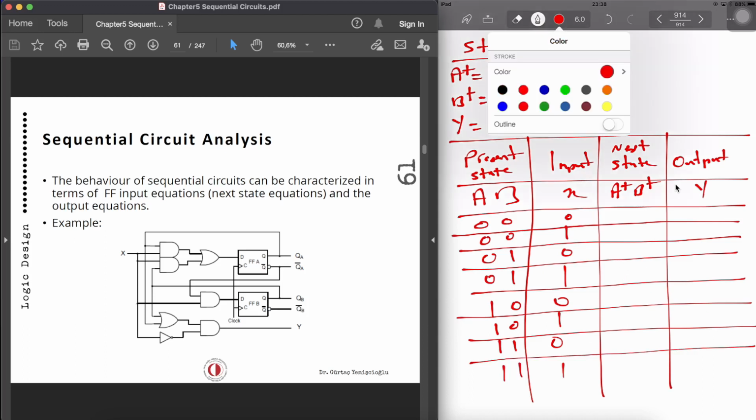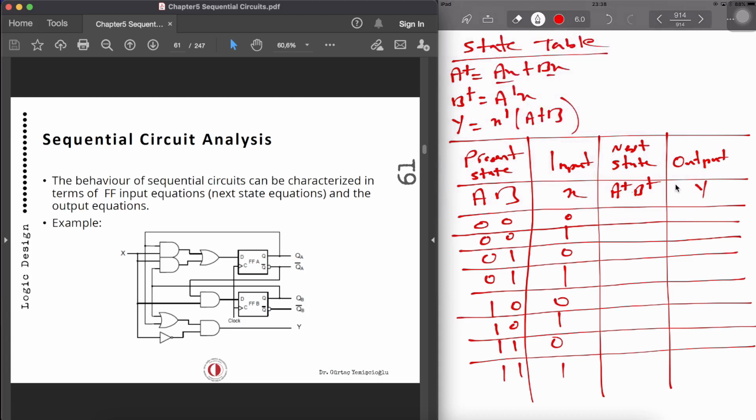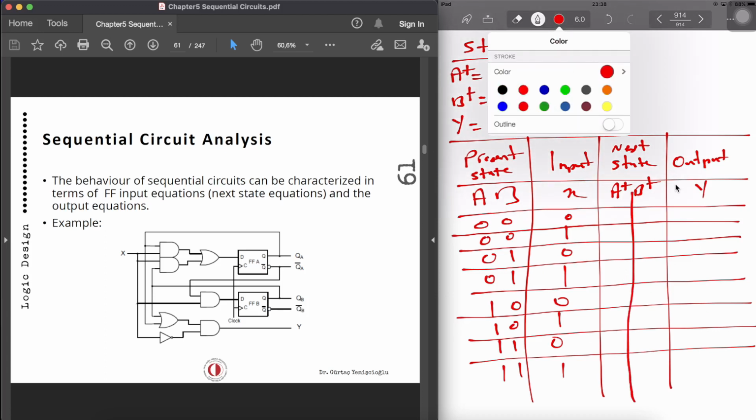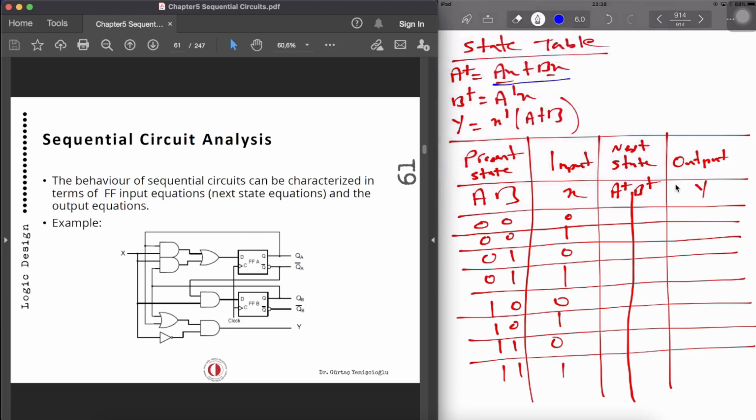All right then, let's start with A plus. How are we going to derive the A plus table? It's so simple. We just need to replace the values over here. A is going to be 1 when A is 1 and X is 1, or B is 1 and X is 1.